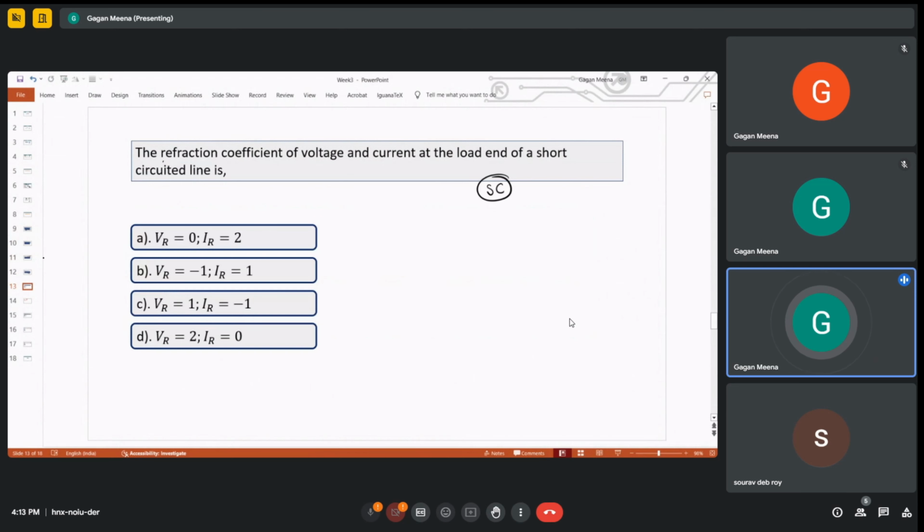It is refraction coefficient or the transmission coefficient. The transmission coefficient is this tau, which is 2Z upon Z plus ZC. So for a short circuit line, what is Z? Z is 0. It becomes 0.